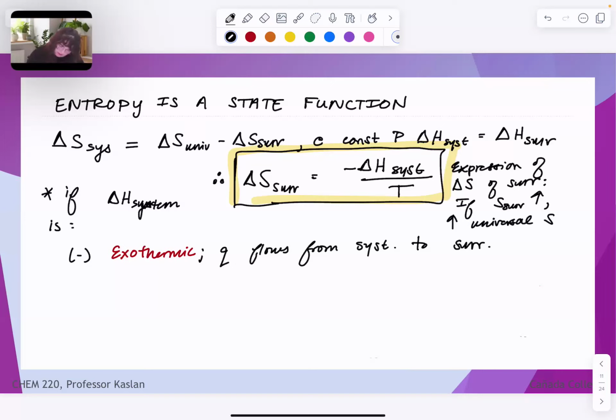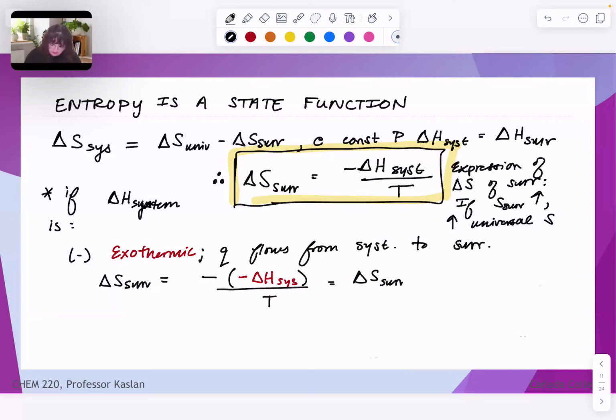Then that also implies that delta S surroundings is equal to negative times the negative delta H of the system over T. So the change in entropy to the surroundings is positive, or increased. So this would increase the entropy of the universe.